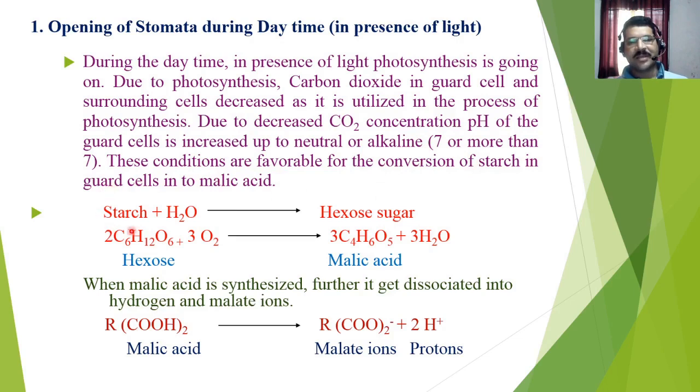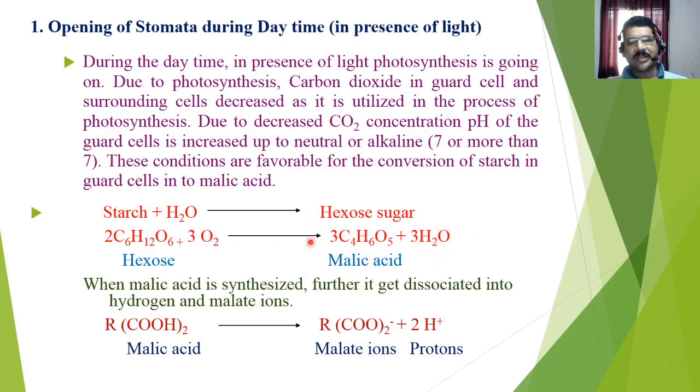So here you can see the reaction: starch plus H2O gets converted first of all into hexose sugar, and finally this hexose sugar, C6H12O6, will be converted into C4H6O5 in presence of oxygen, and it will release H2O.